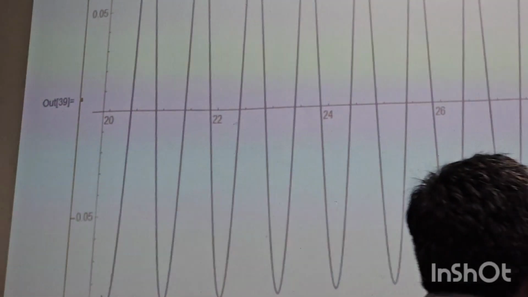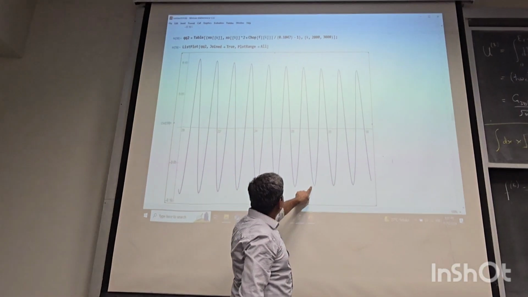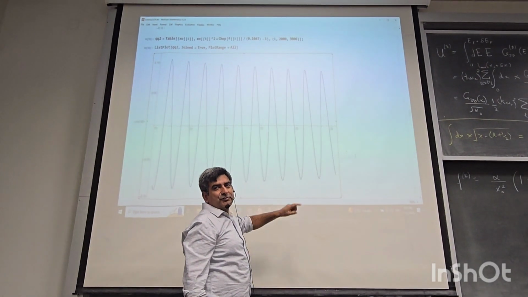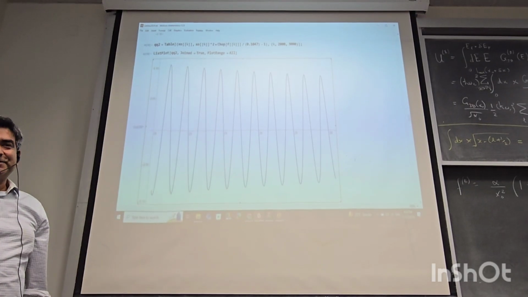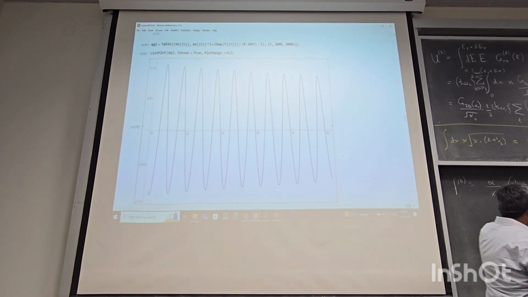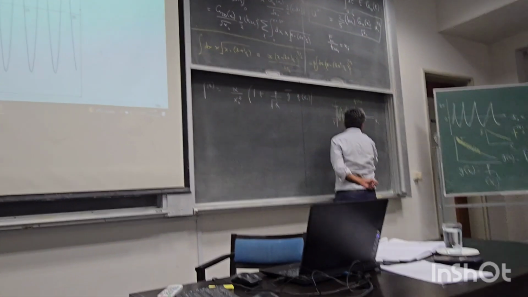So the period of this function, say this is 26, this is 27, is 1. So this oscillatory function has a period delta x naught of 1. So this oscillatory function has a period of 1.